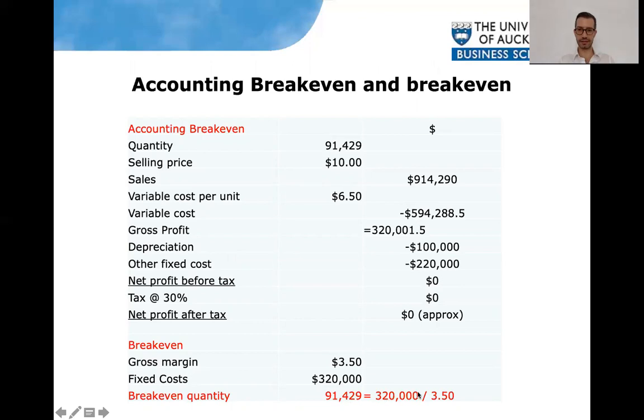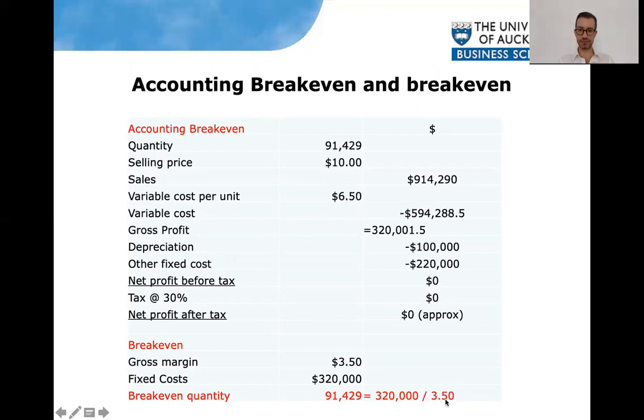What I've done, I have calculated the gross profit per unit, which remember is price minus variable cost, and this is $3.50, which is basically $10 minus $6.50.